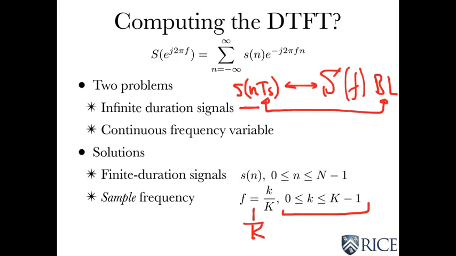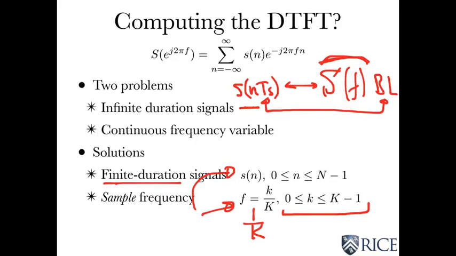So we sample in one domain, the time domain, and in order for that to work, we had to have in the other domain, the frequency domain, that it was band limited. Here, we're sampling in frequency. That means we need in the other domain that it be time limited. Well, that's exactly what we have when we made it finite duration.